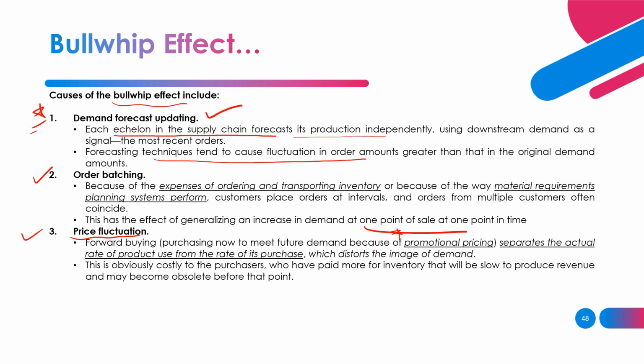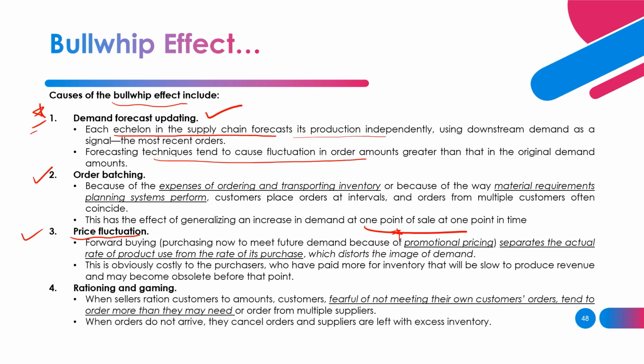That's where the bullwhip effect occurs in the supply chain. The fourth one is rationing and gaming. That is the fear from the customer end that they may change the order or cancel the order, so we order a huge quantity. That also creates the bullwhip effect.